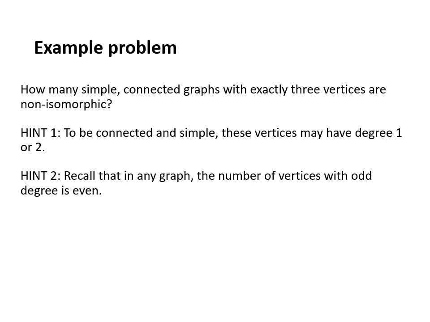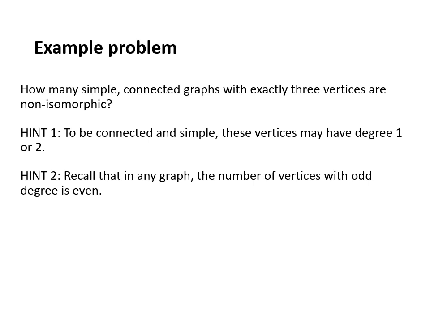Here is a simple example problem. The problem asks us how many simple connected graphs with exactly 3 vertices are non-isomorphic, meaning there is no isomorphism between them. The first hint to solve this problem is that to be connected and simple, these vertices must have degree 1 or 2.